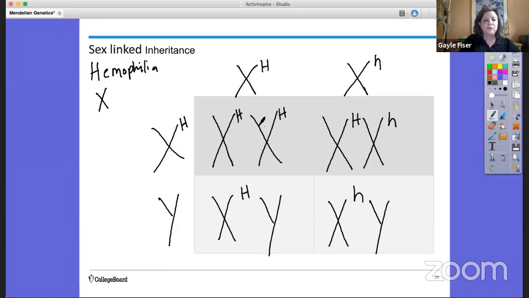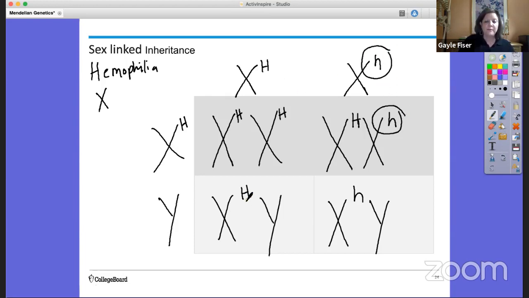All right, so our 2 girls are both normal girls. This one doesn't express any of this trait because she has a gene that will produce cells and proteins correctly, but she is a carrier, as in this mom was a carrier.